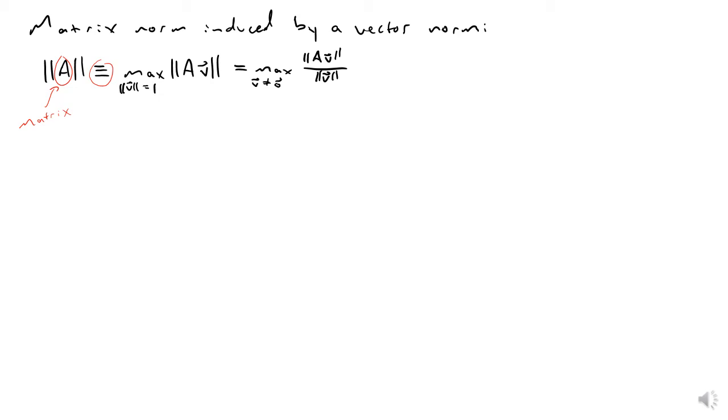So if we decide to define our matrix norm in terms of the 1 norm for vectors, we already know how to do the one norm for a vector, and theorem 741 gives us a nice shortcut for calculating our matrix norm in this case. Our matrix norm that's induced by the one norm for vectors, our one norm for a matrix, is equal to the max of all of our absolute column sums.